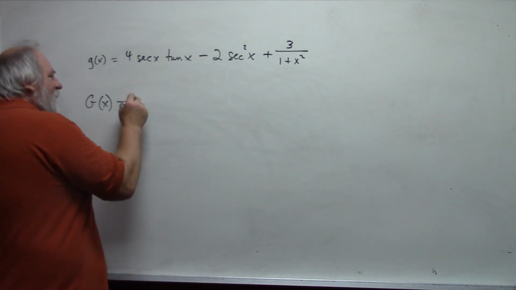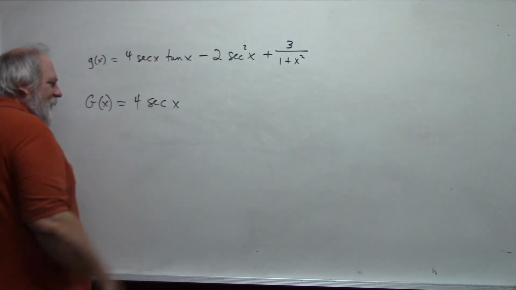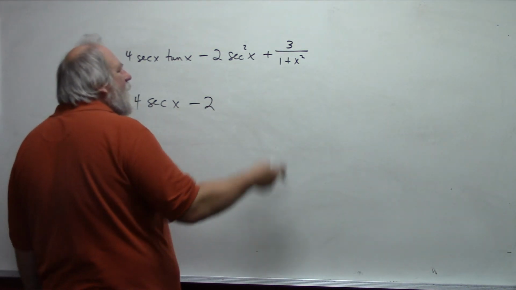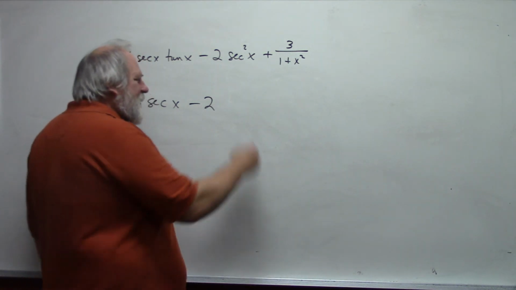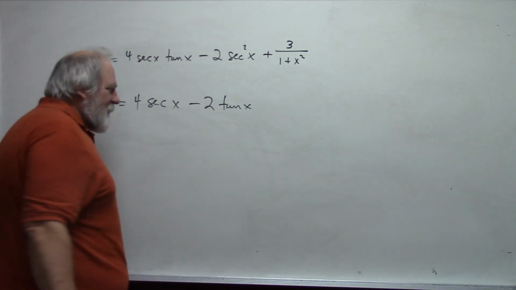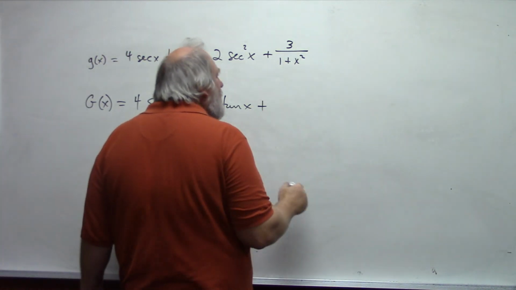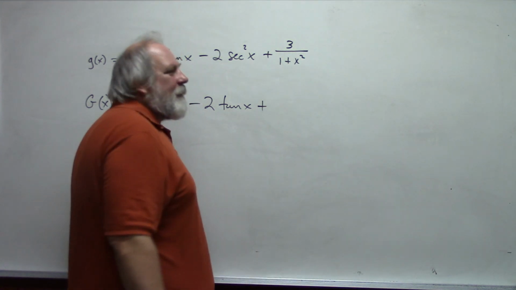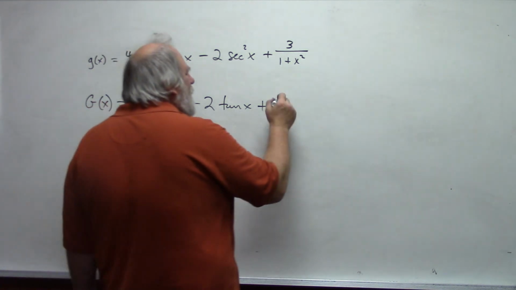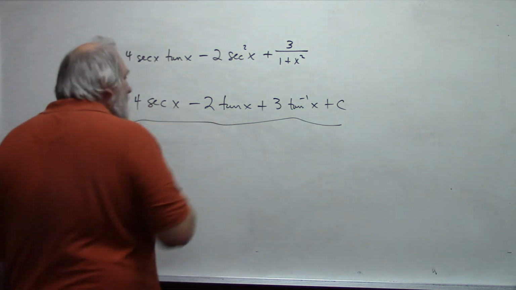The function that had that derivative was secant of x. And so the antiderivative of that is 4 secant of x. The antiderivative of secant squared is tangent of x, because the derivative of tangent of x is secant squared of x. And do you remember what had a derivative of 1 over 1 plus x squared? That was arctan. And so this is now my antiderivative in this case.